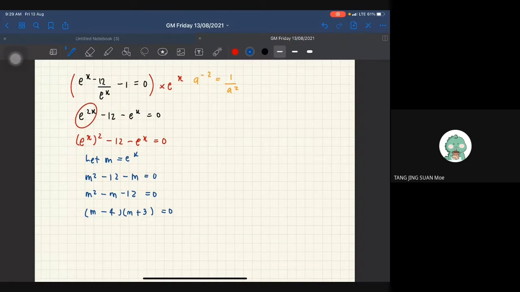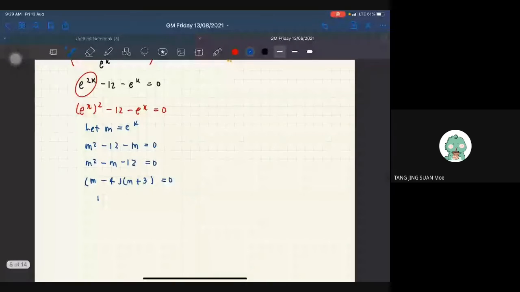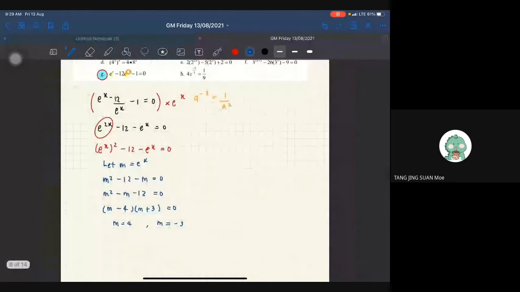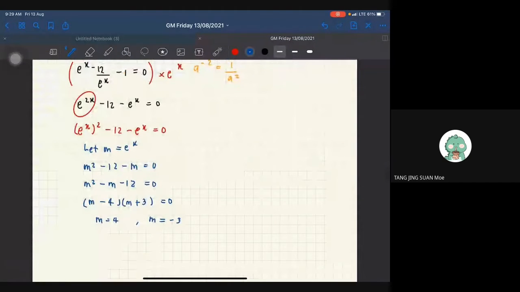Okay. Alright, and then you will have m equal to 4 or m is equal to negative 3. Okay, but remember, kita bukan nak cari nilai m, kita nak cari nilai x. So tadi nilai m tu awak dah substitutekan dia, awak dah letkan dia equal to e to the power of x. So just ganti balik sahaja.